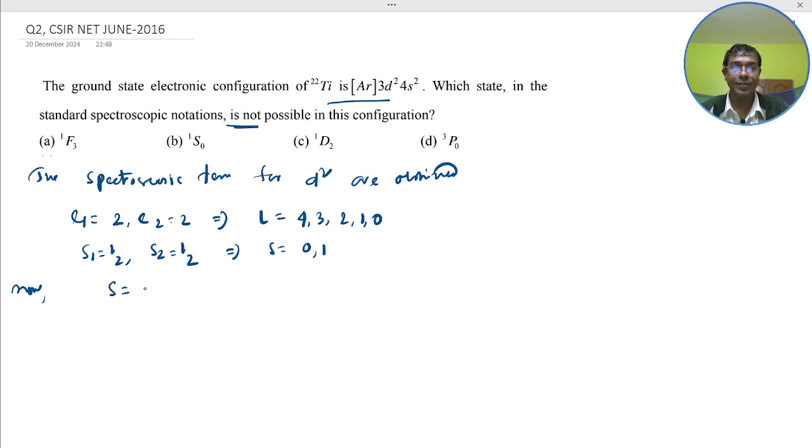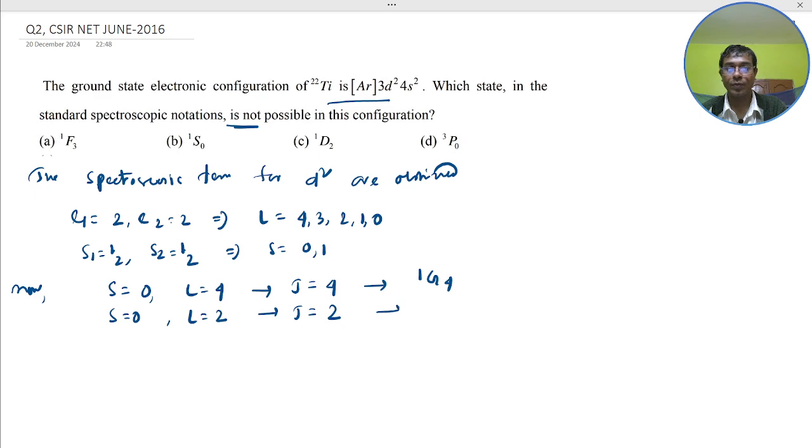Now S0 L4, so J is 4, combination 1G4. S0 L2, that becomes J2, gives 1D2.